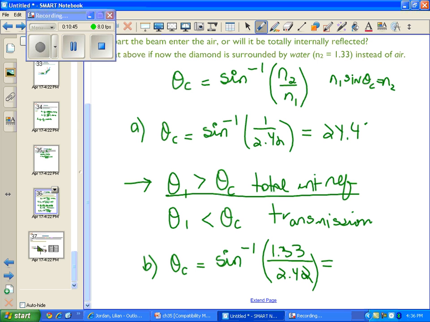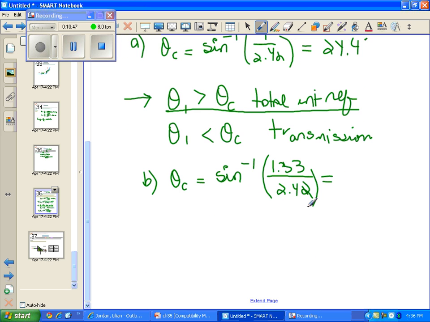And this time we're going to get a critical angle which is bigger than 24.4, and in fact is 33.3 degrees. This is a situation where theta 1, still 28 degrees, is actually less than the critical angle. So in case B, we're going to get transmission.